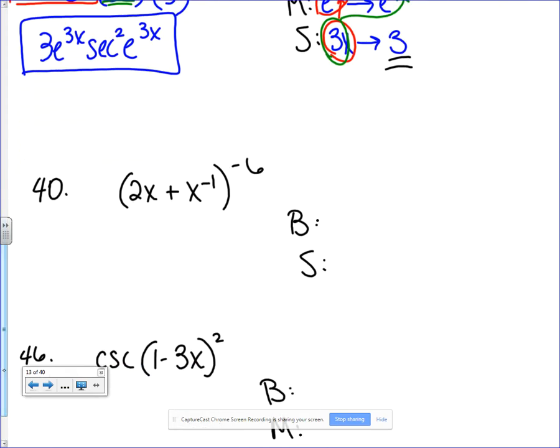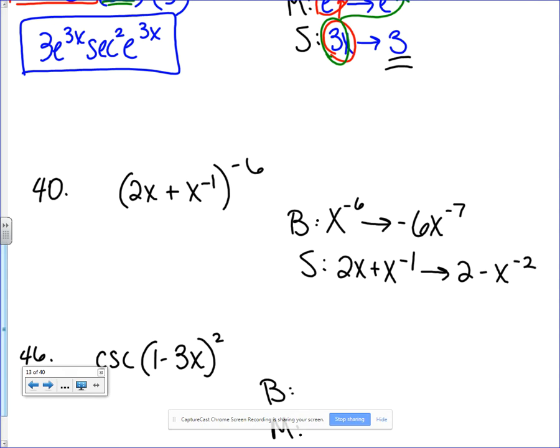Only 2 parts here. Big function, little function. All right, big derivative with the little function times the little derivative.